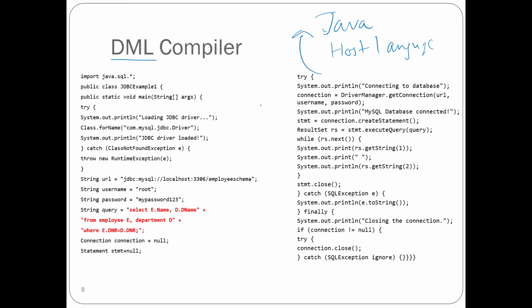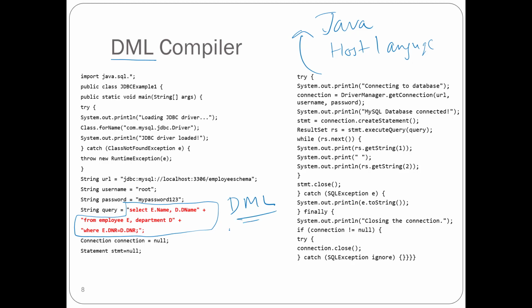We have a bunch of statements like try and catch block. We are not going there. We don't need to get lost there. What we need to focus on is this part over here, which is in bold, and that too in red. All right. So what is it? Well, this is a DML statement.